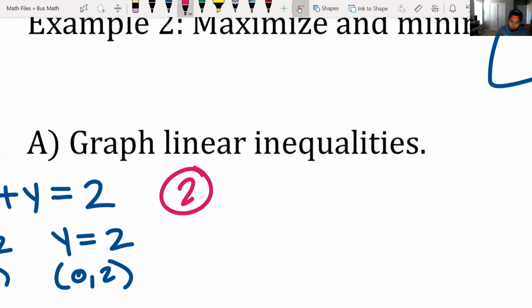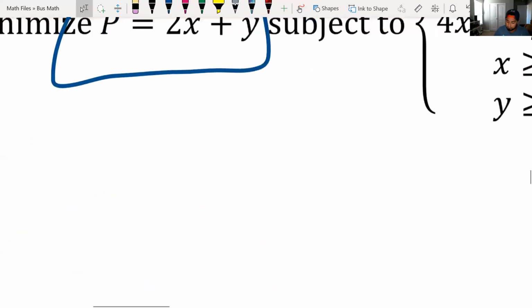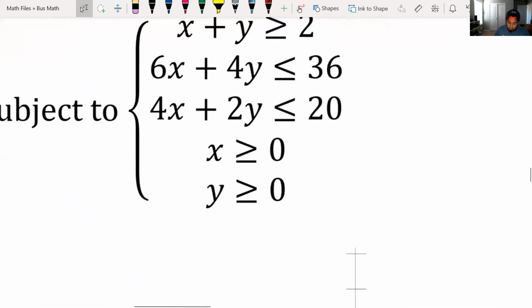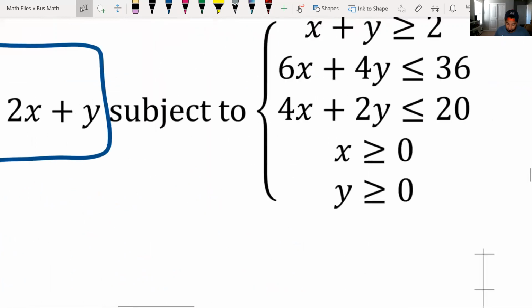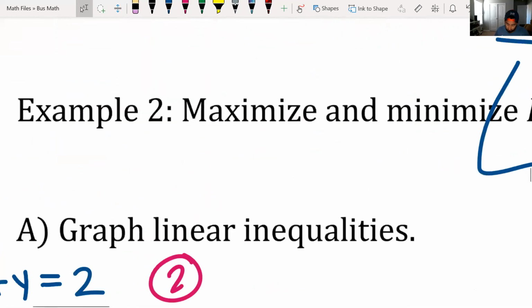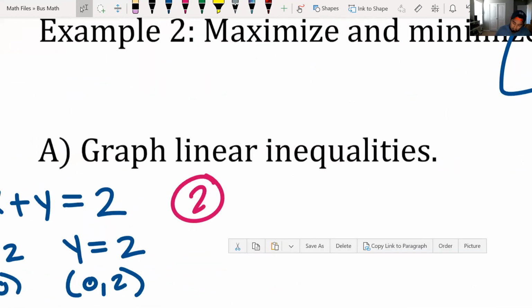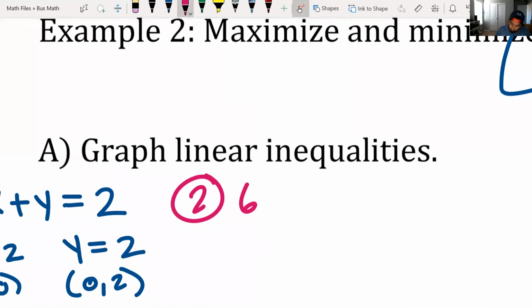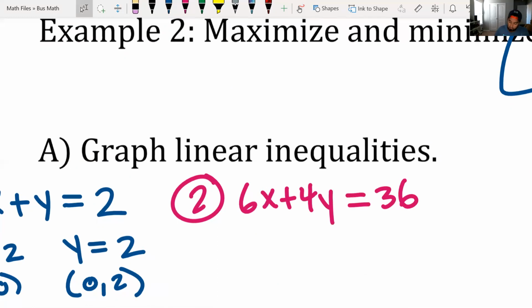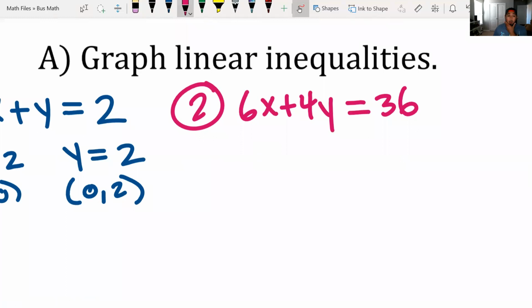Number 2, what am I working with? 6x plus 4y equal to 36. Okay, so go through the process.